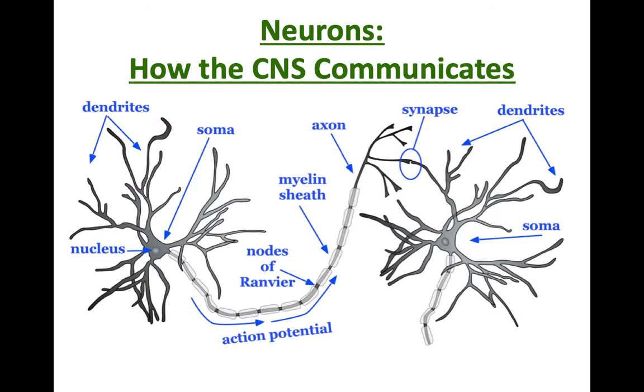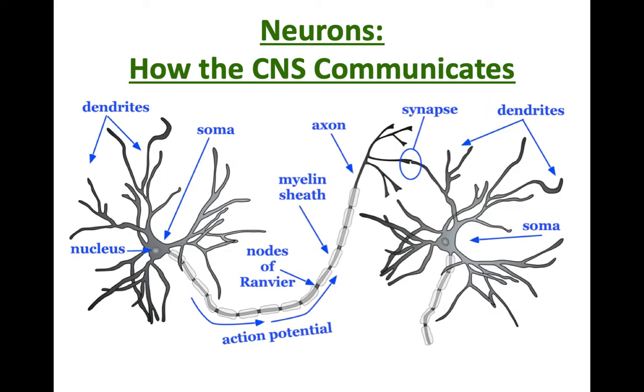All right, so let's kind of zoom in, we could say, and take a close look at our nerve cells or our neurons. So a neuron has three main components. The first are dendrites. So you can see these look like antenna, and that's really what they are.